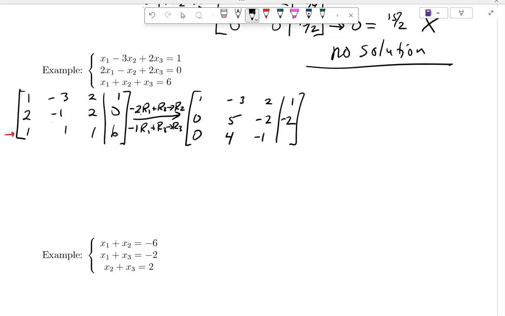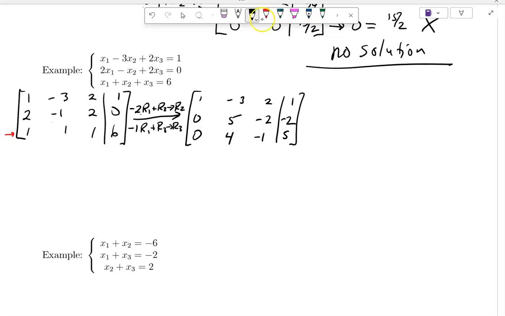Good, yeah, because -1 times 2 is -2 plus 1 is -1. The last one will be 5. That one okay? All right. What's the next step now?